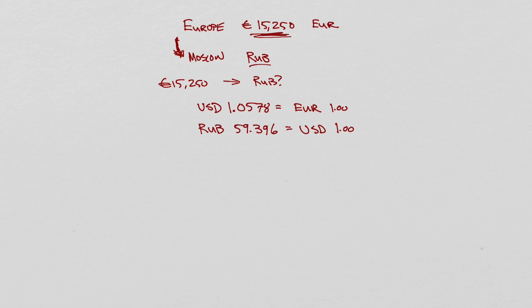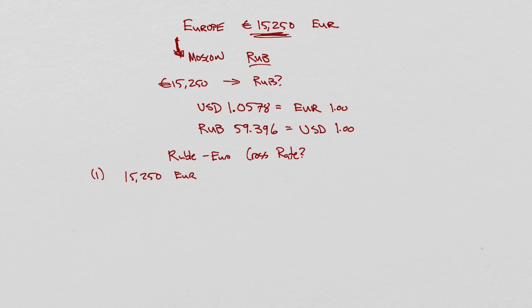And what you need to figure out if you are going to translate euros into rubles is therefore the ruble to euro cross rate. The cross rate is the calculation you need to do. And so the first step in that process, remember it's kind of a two-step process, is to take your money in your backpack, the 15,250 euros, and figure out what that is worth in terms of USD.